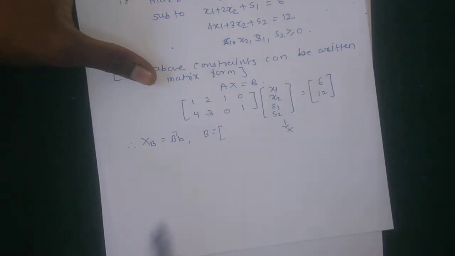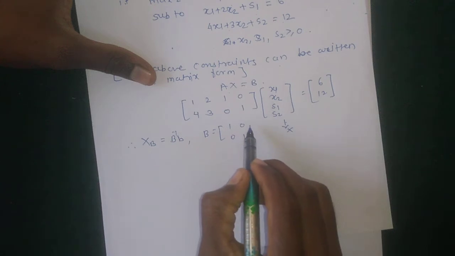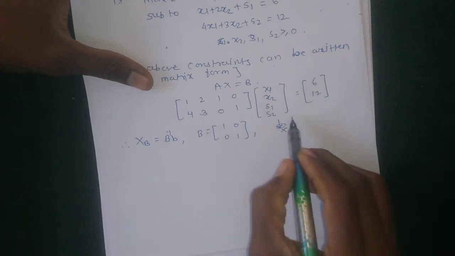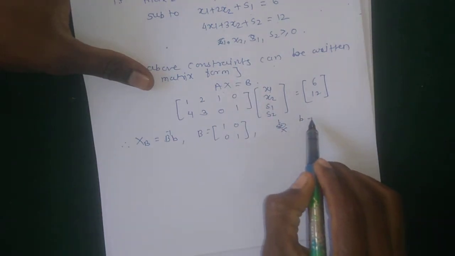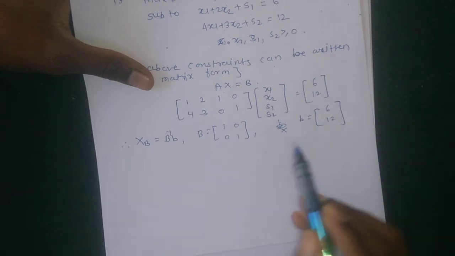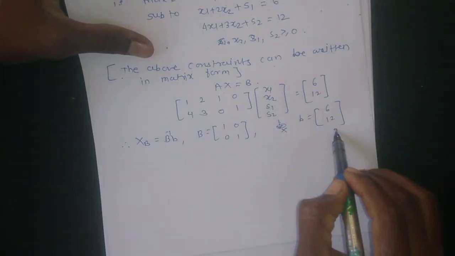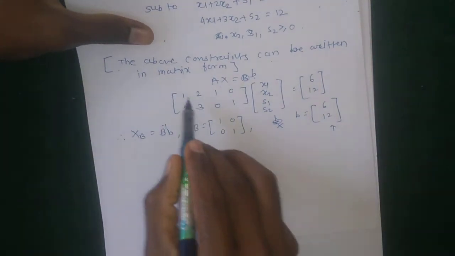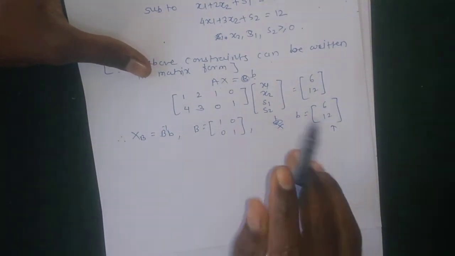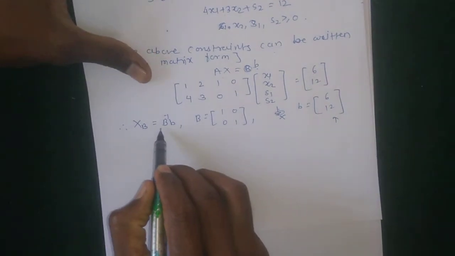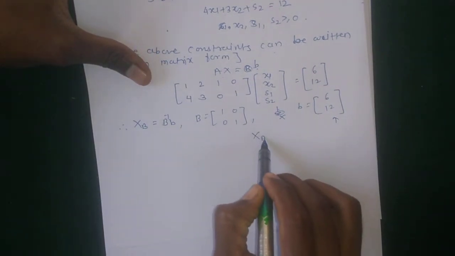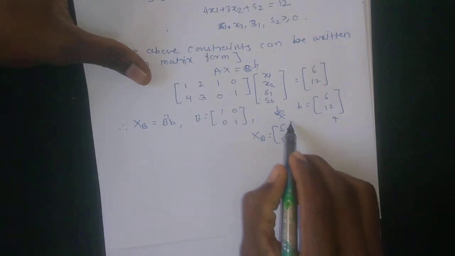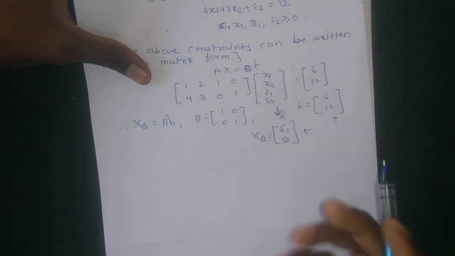B matrix is 1 0 0 1, and small b is 6 12. xb consists of s1 and s2, the added slack variables.